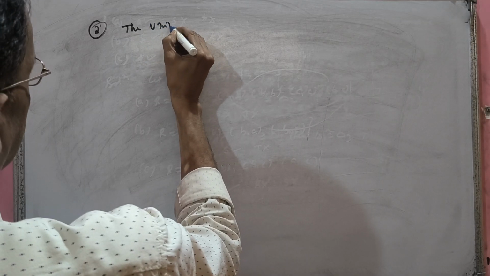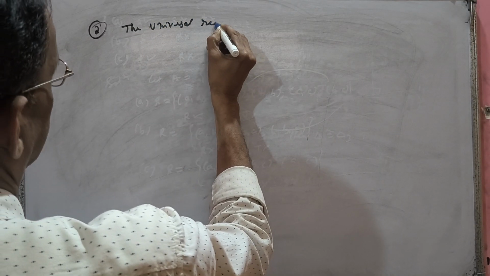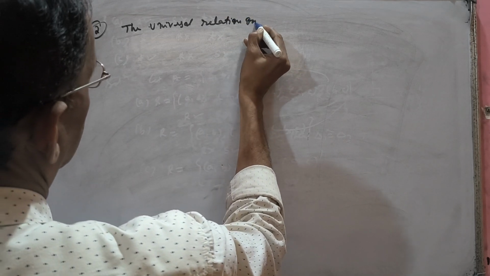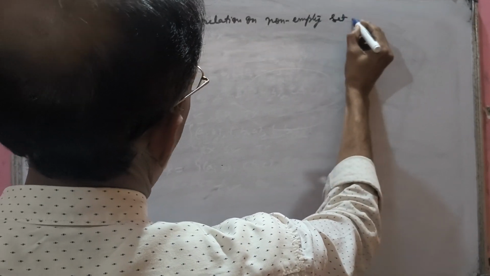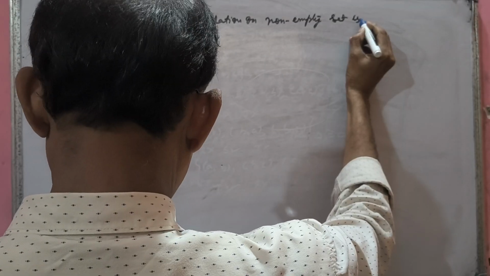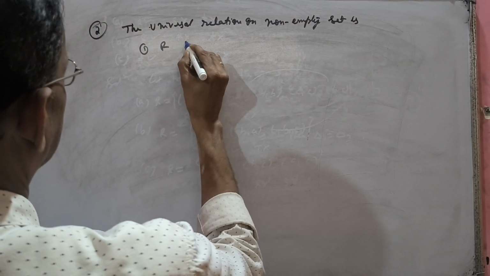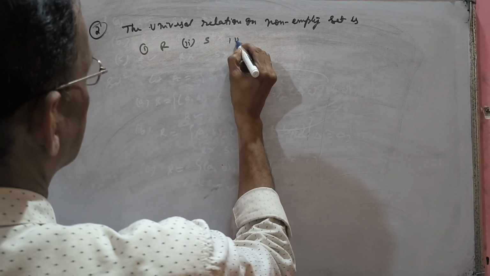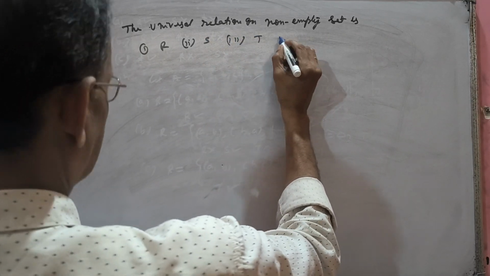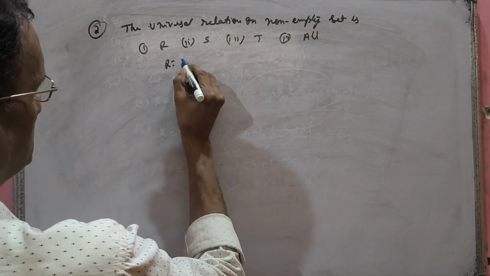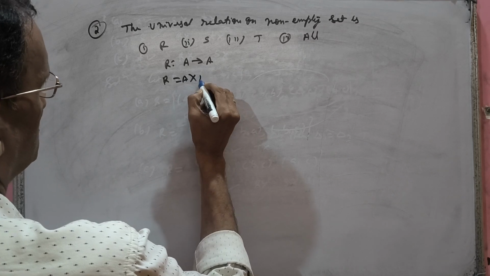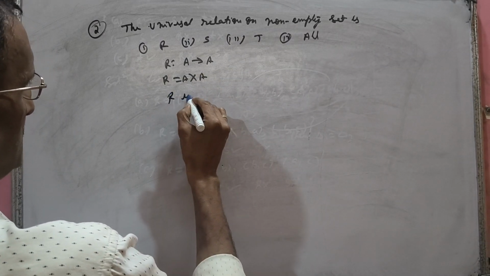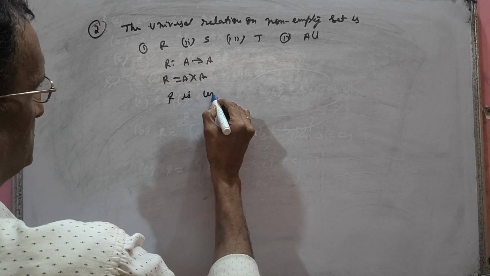The universal relation on a non-empty set is: 1, reflexive; 2, symmetric; 3, transitive; 4, all. Now see what is a universal relation. If R is a relation on set A, and R equals A cross A, then R is called a universal relation.